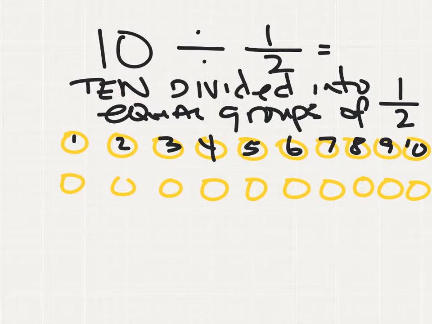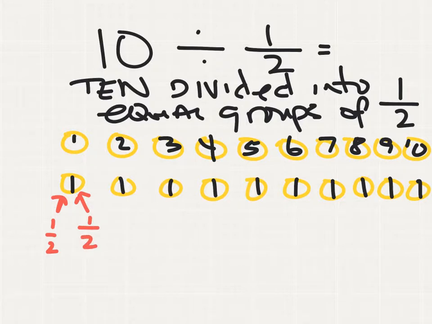Only what would happen now if I cut each of these counters in half? Because I'm not looking for groups of 1 whole, I'm looking for groups of 1/2. So this would be 1/2. And this would be 1/2. And this, and that, and this, and that. Each part of these counters is 1/2 of the counter.